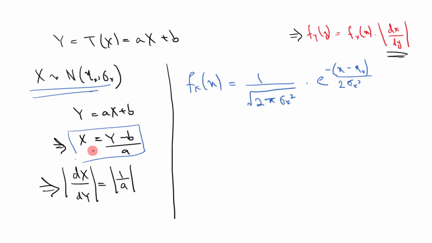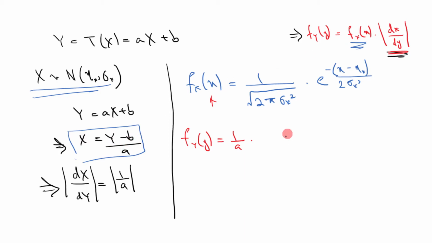As we have x equal to y minus b over a, putting x in the density function of fx of x, from this expression fy of y is equal to 1 over a, which is the value of this derivative, into fx of x in which I am replacing x with y minus b over a.